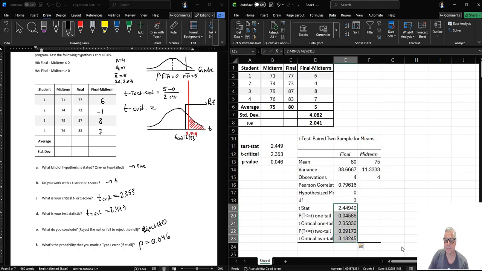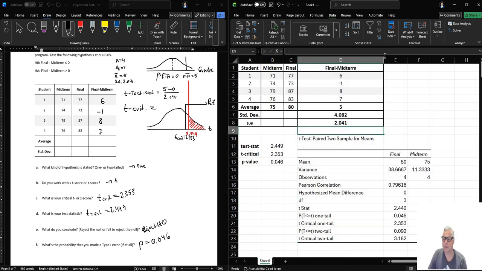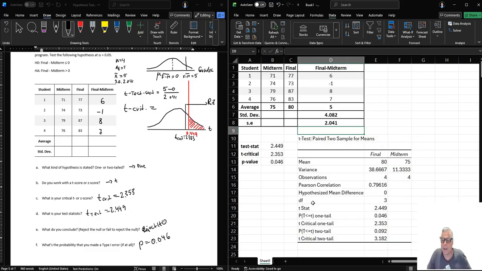So, okay, let's limit everything to 3. Okay, so here we see we have 3 degrees of freedom, and because we specified it as a one-tail test, that critical in a one-tail test is the 2.353, which is also what we got.